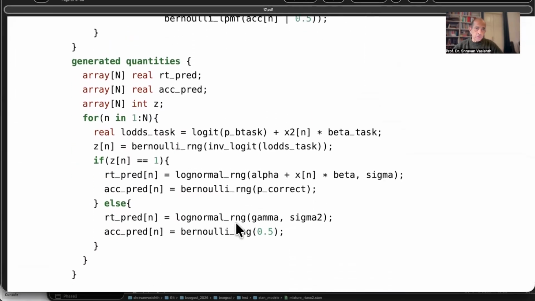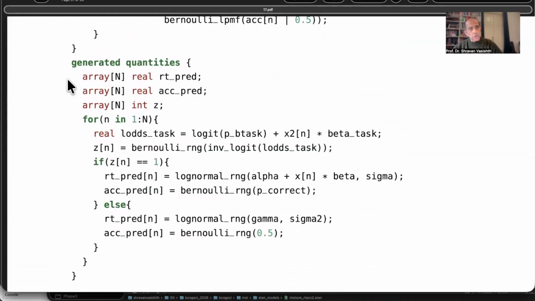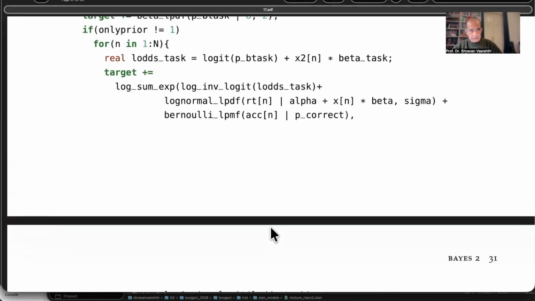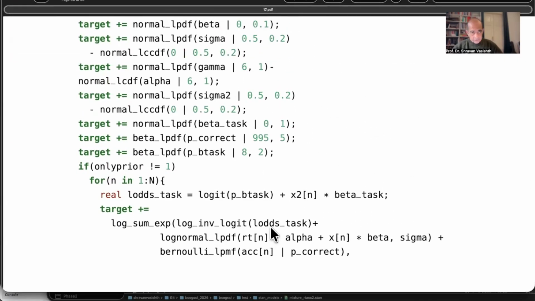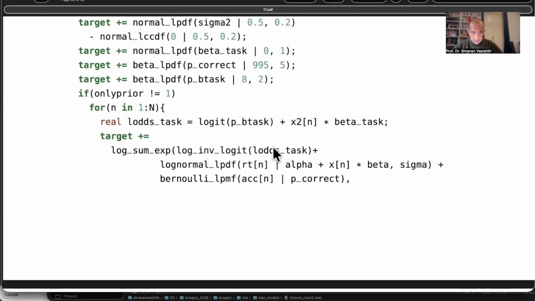So the generated quantities block will remain invariant, because it will produce predicted data or predicted accuracies, based on the parameter specifications and the model specification that I described earlier, and that's in this code here.